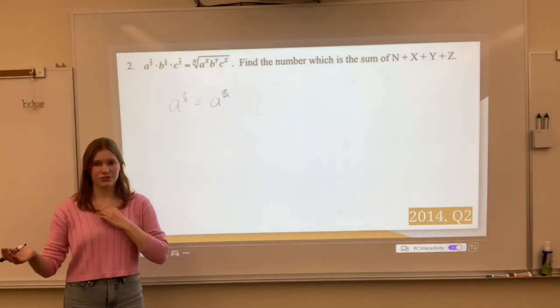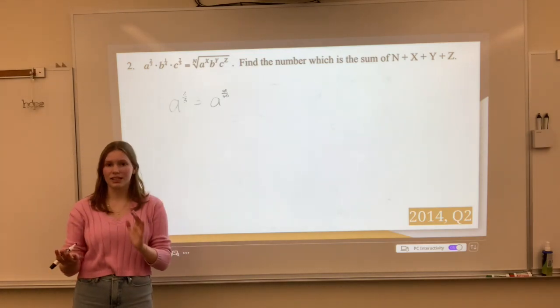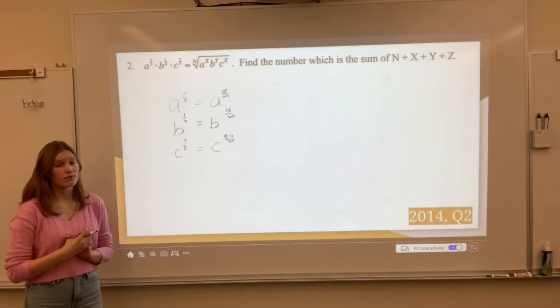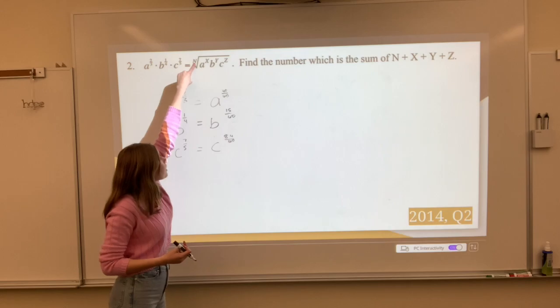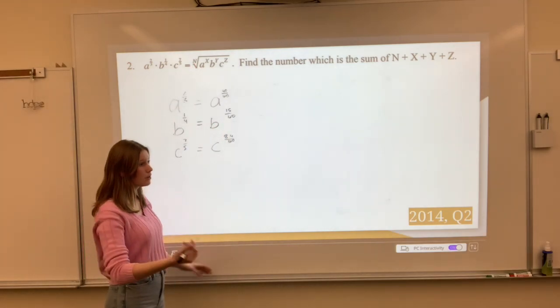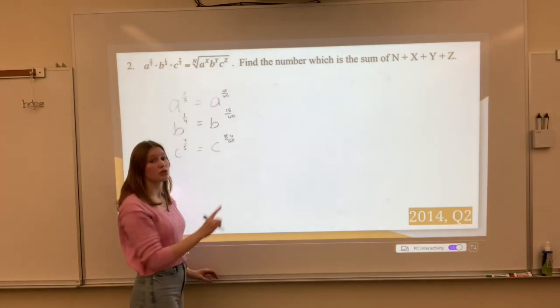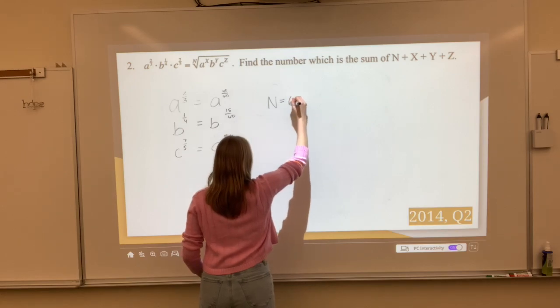I'm just going to do these next few because I believe that all of you can multiply out and get the right fractional exponents. Alright, now that we've done that, we know that our n value is equal to 60 because that's the denominator of all of these exponents, and that's the root to which all of these numbers are being taken. So I can already say n is equal to 60.